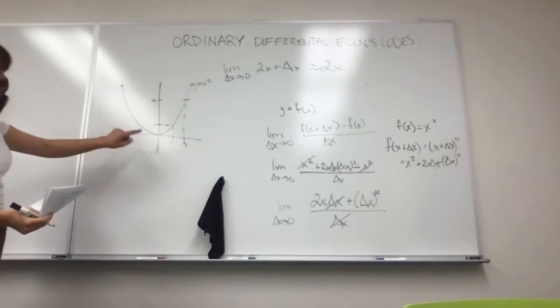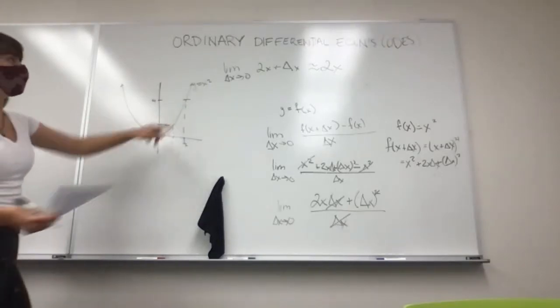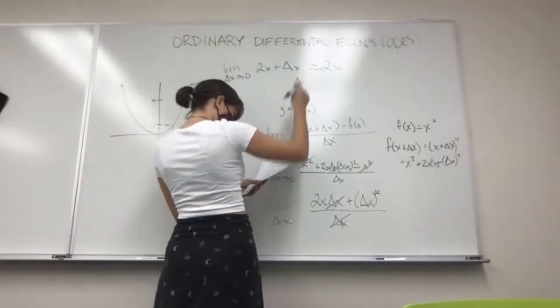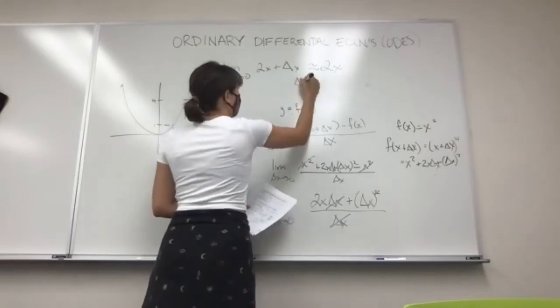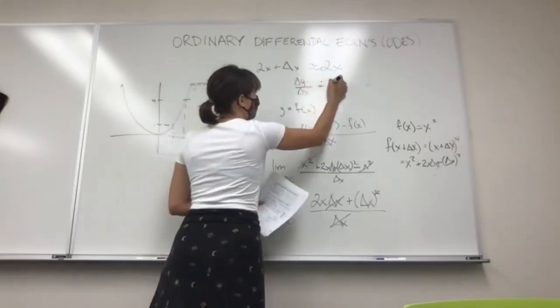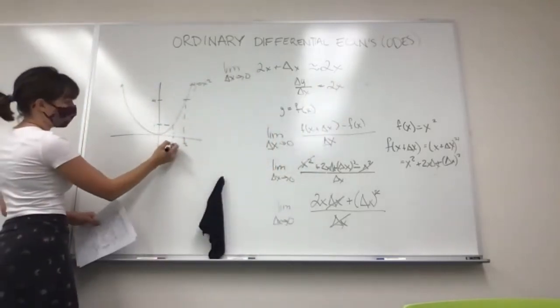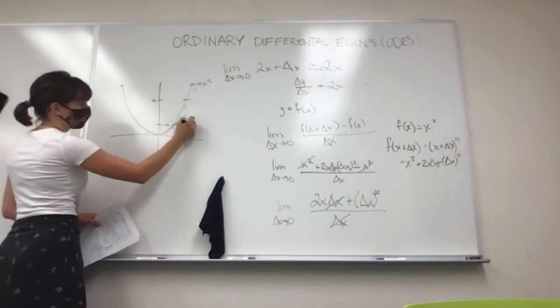Now, instead of actually calculating the slope between these points, I've got this great function that the change in y over the change in x is just 2x. So if I say, okay, x is 1, the slope of here is 2.